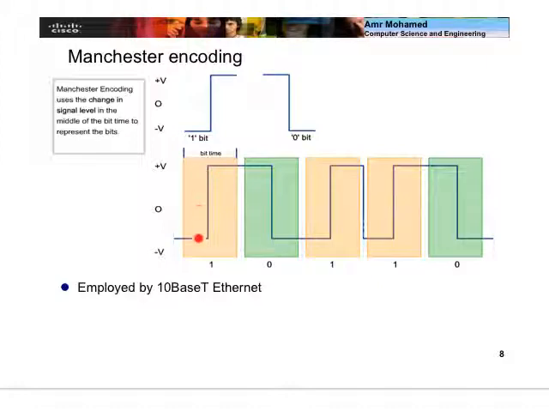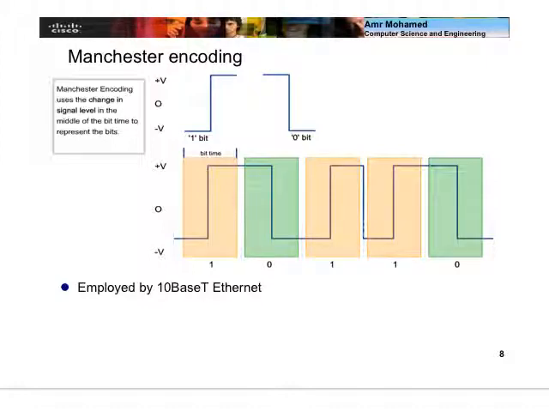This change within the middle of each bit helps the receiver to distinguish clearly. So if it's going from negative to positive, okay, then it's 1. If it's going from positive to negative, then it's 0.